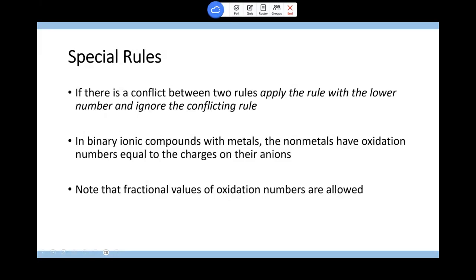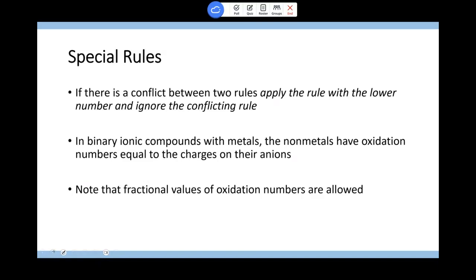If we have a binary ionic compound, so 2 different atoms only, no more than 2 different atoms, one of them is a metal, then the nonmetal in that ionic compound has the same oxidation state as its ionic charge. After this slide, we'll do a few examples that go through these rules. And then lastly, fractional values of oxidation numbers are allowed. So we can have an oxidation state of +1/2 or -1/2.